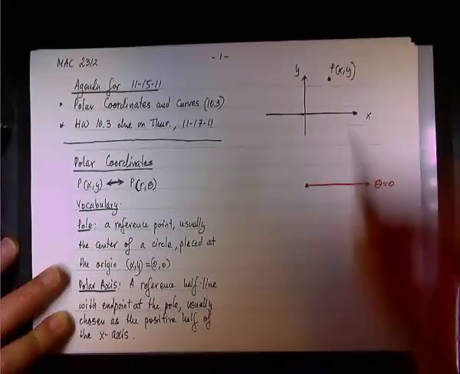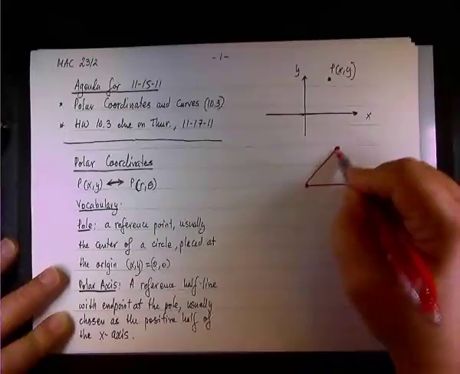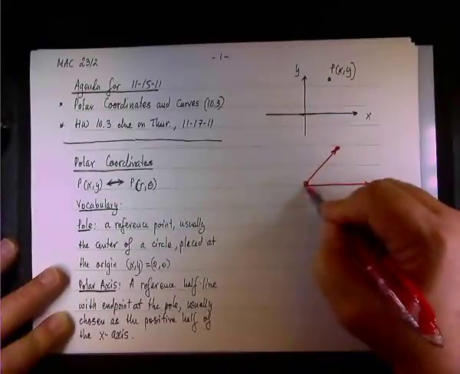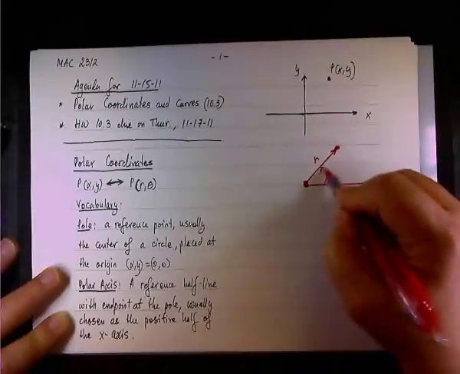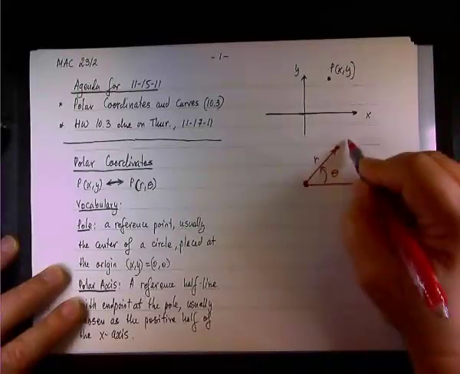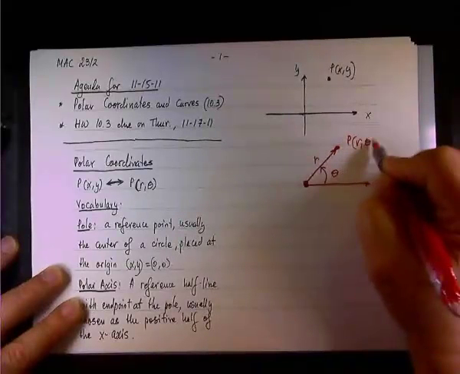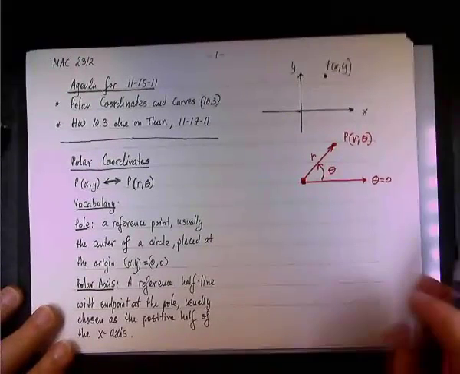So this refers to theta equals 0. That particular point will be given by its distance from the pole, and this will be r, and by its angle theta measured from the polar axis. So this will be P in r theta, like so.